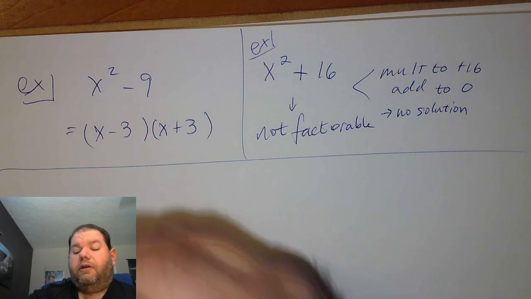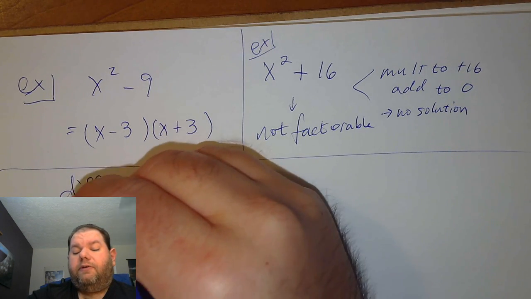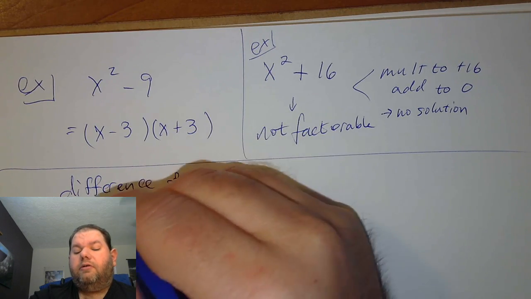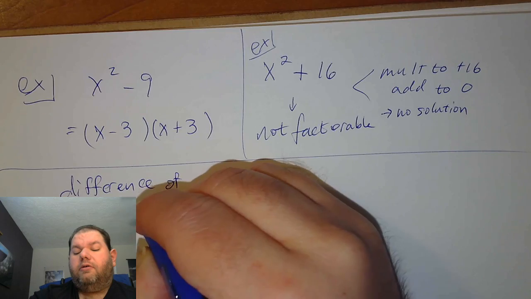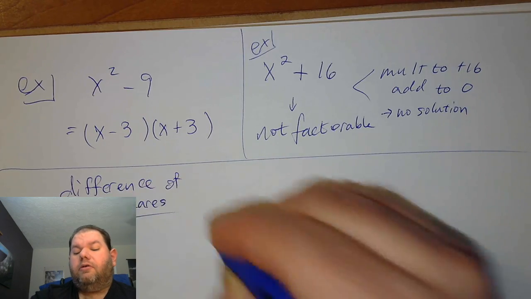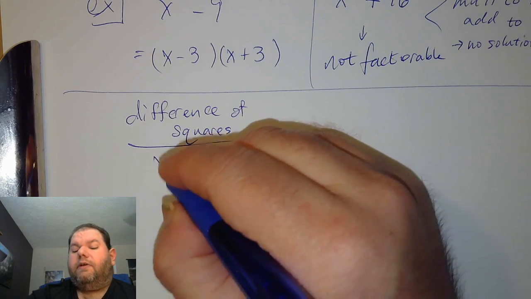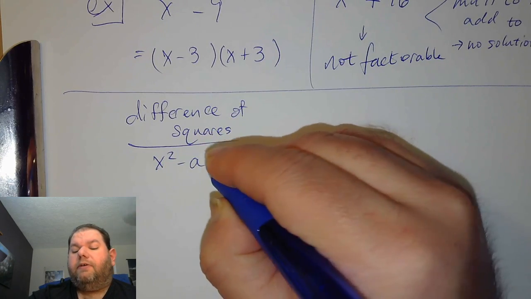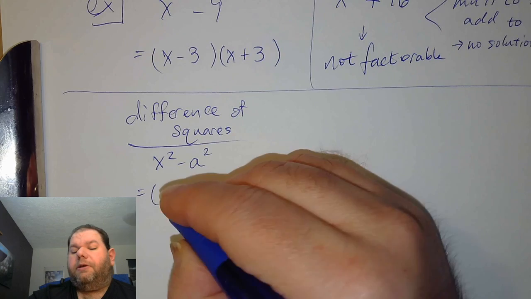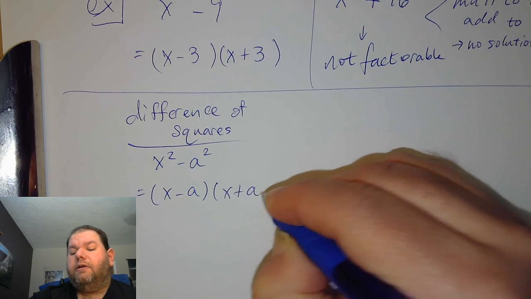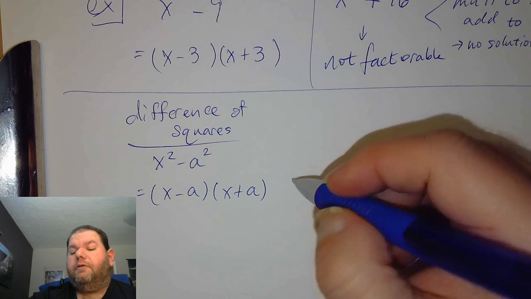So if we have a difference of squares, this is x squared minus a squared. We know that it'll be x minus a times x plus a. Okay.